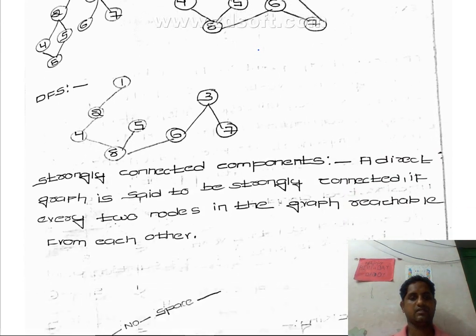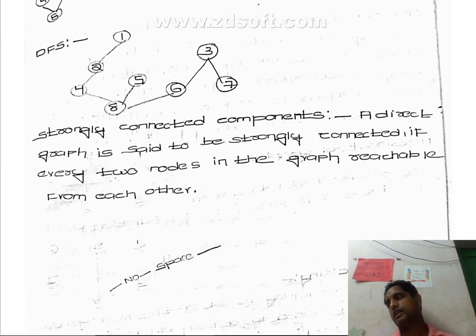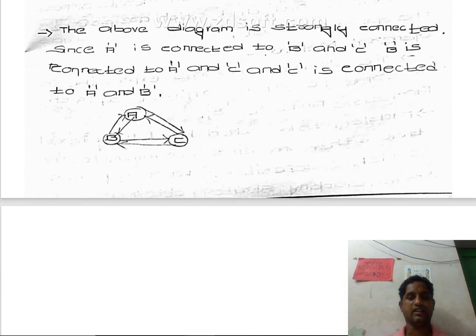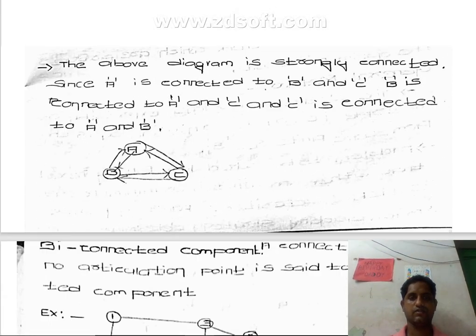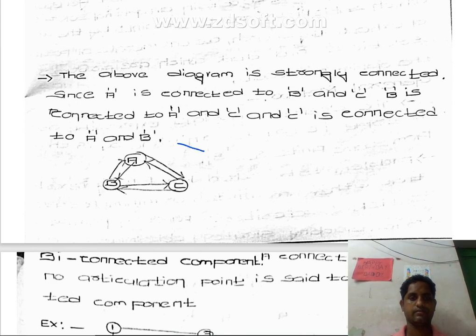Next, strongly connected component. A directed graph is said to be strongly connected if every two nodes in the graph are reachable from each other. It is called a strongly connected component. See this example of a graph with a strongly connected component.